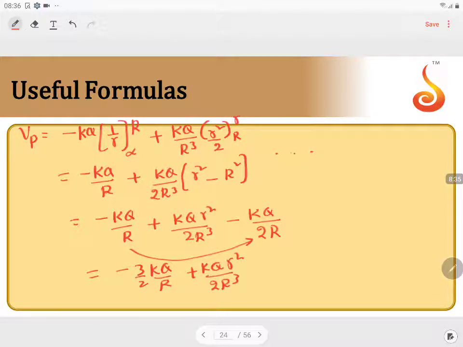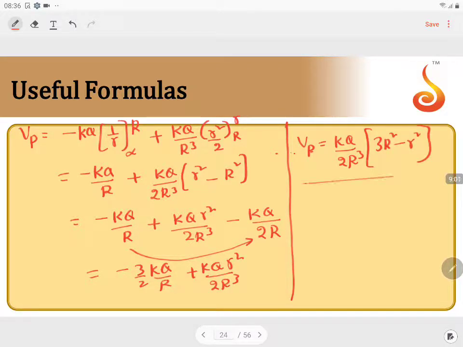So this is the potential at that point. You can leave it here, or you can also write it like this: take kq by 2R cube common, and you get 3R square minus r square. So this is the potential at that point inside.